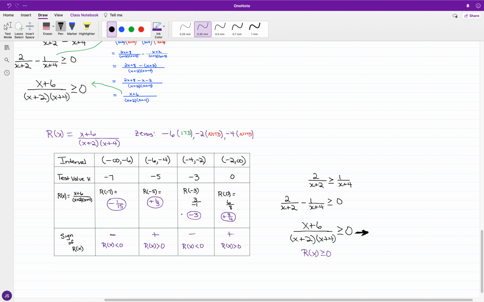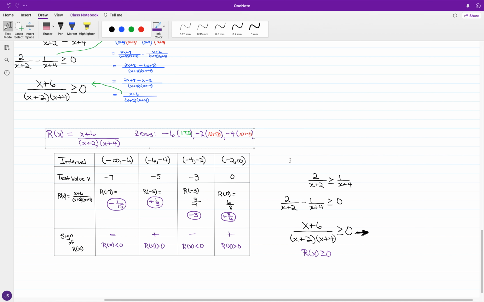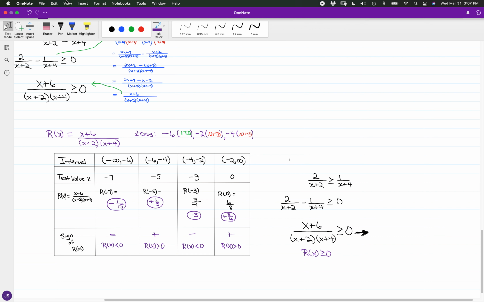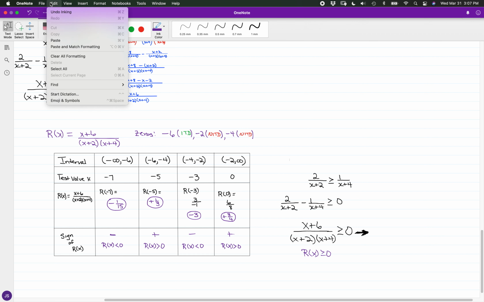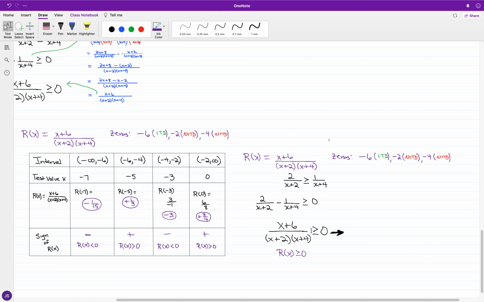Okay, now I'll copy this. Again, you had the same direction as r of x is greater than 0.